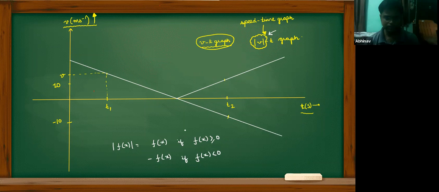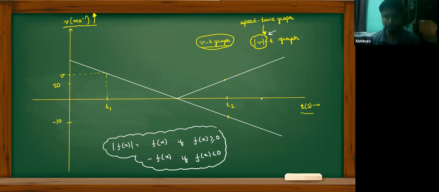Okay, this is mod of f(x). So you will find that the mathematical way to describe speed is mod of v.